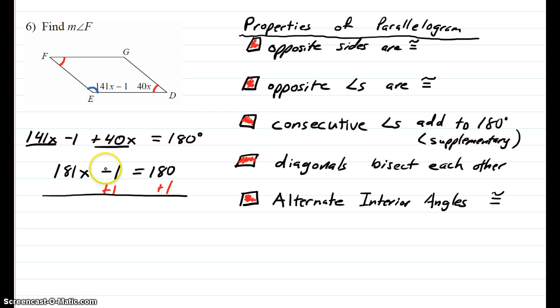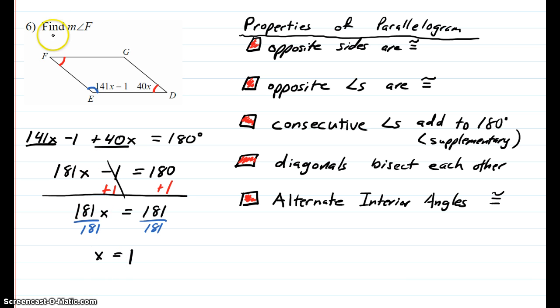So this goes away, and we're left with 181x is equal to 181. Now we need to divide both sides by 181. And so we get x equals 1.